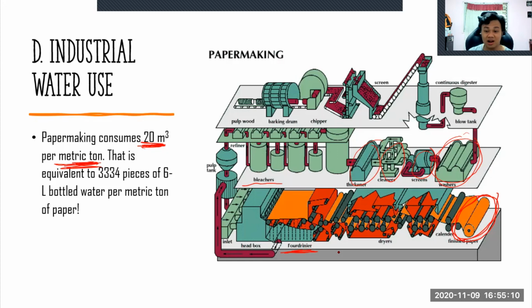It's a large water hub. It's also being washed here, and then dried. I will put a link in the description or the upper right hand corner of the screen, so that you can see how paper is made and how it is a large water hub.